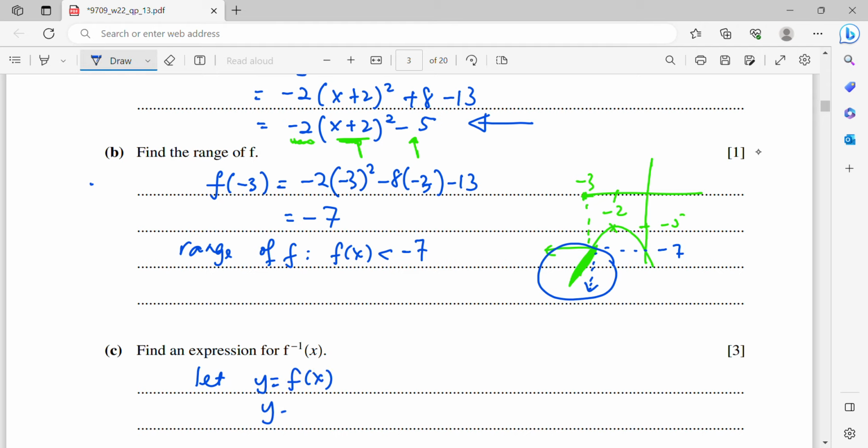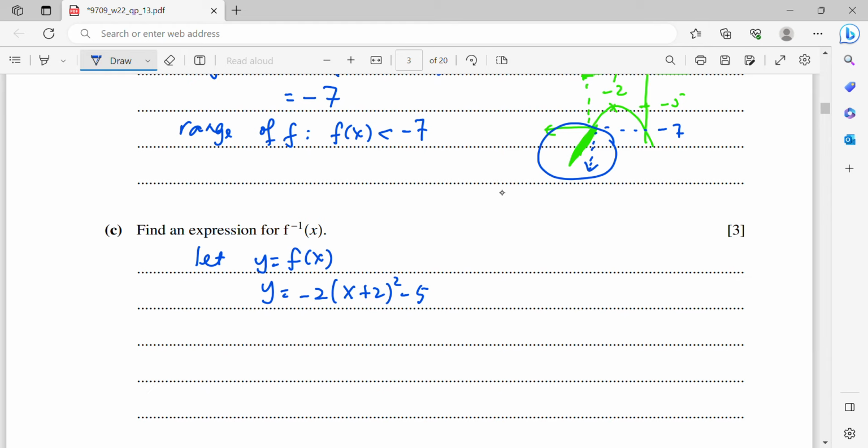Alright, so now my y is negative 2 bracket x plus 2 squared minus 5. And now we need to get the x as the subject. So I will write minus 2 bracket x plus 2 squared equals y plus 5. Then x plus 2 squared will be y plus 5 divided by minus 2.